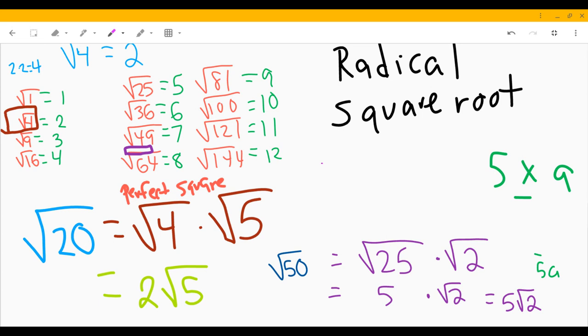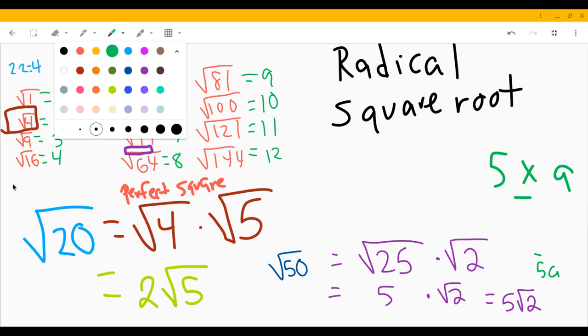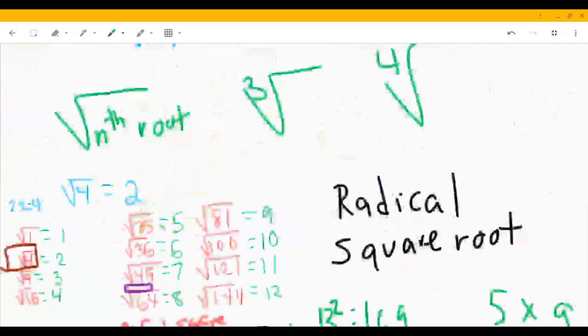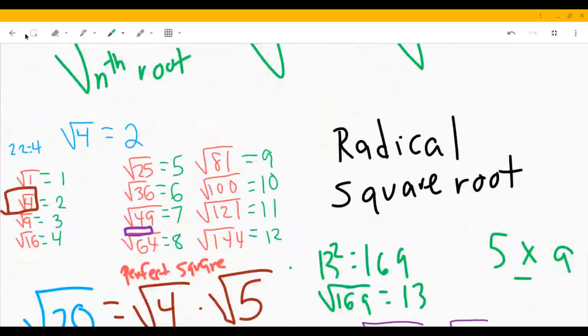I believe maybe up to at least 17. Right? So I know that 13 squared is equal to 169, so the square root of 169 is going to equal 13. So keep in mind what will be beyond these 12 perfect square numbers.